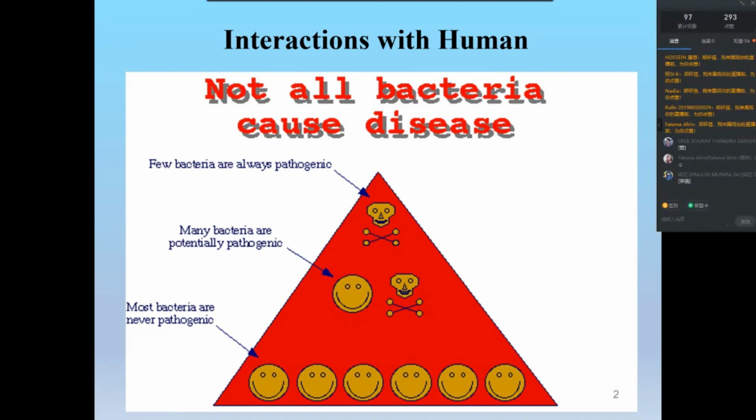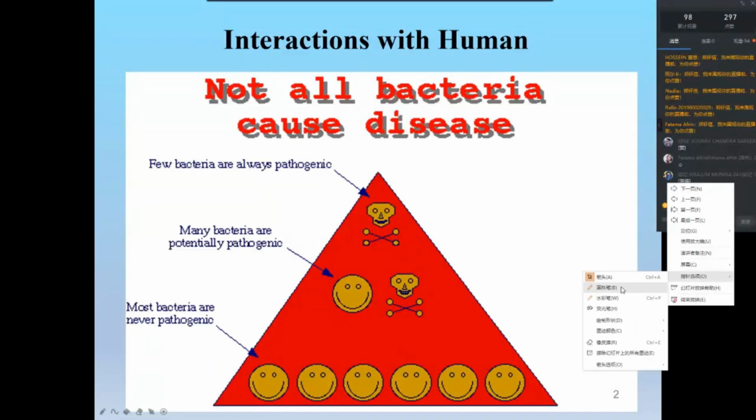In our first class, we mentioned that if you fill this pyramid with all the known bacteria, at the bottom is the major part of all the bacteria. For most of them at the bottom, they are not pathogenic.